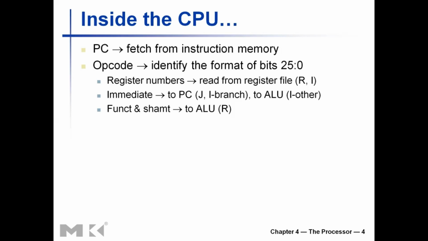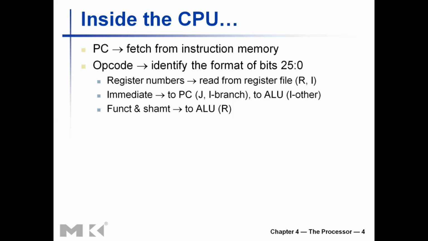Then, based on that, the CPU can identify the format of the remaining bits from bit 0 to bit 26. So if you get the opcode 2 or 3, it is a J-type instruction. That means the remaining 26 bits are the immediate value which defines the jump target address. If the opcode is 0, that means this is an R-type instruction.